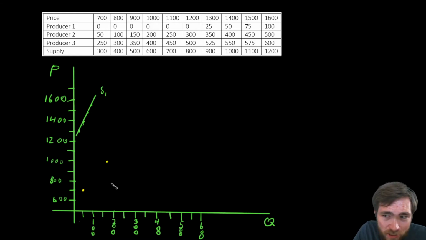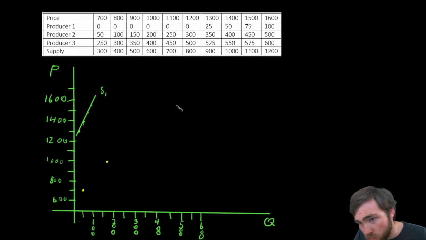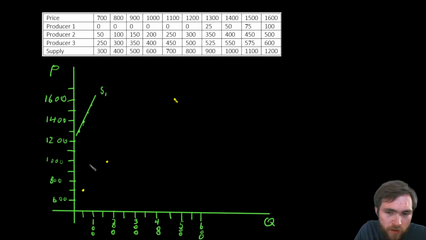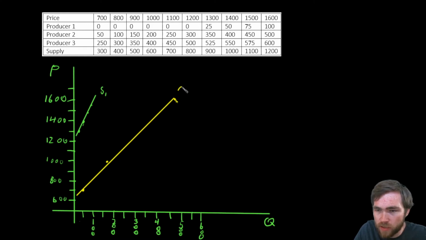And at a price of 1600, they're willing to supply 500. So it should be thereabouts. If we connect these with a straight line, more or less, we get supply curve sub 2.